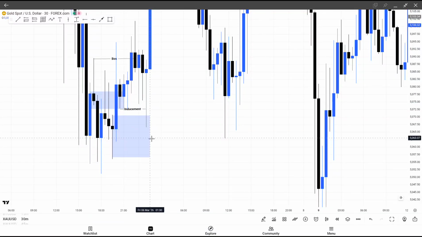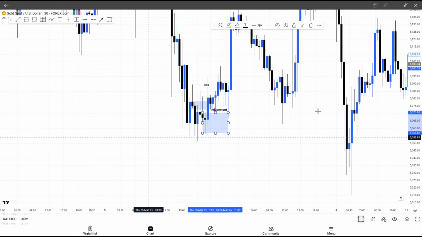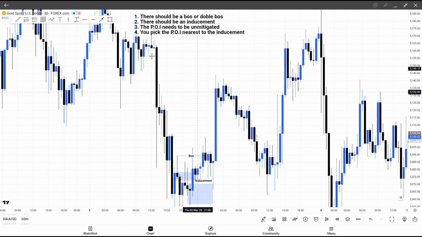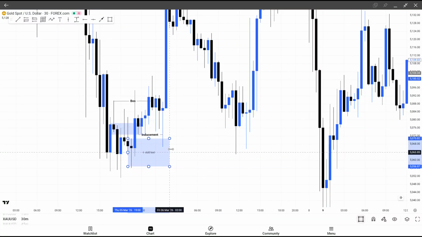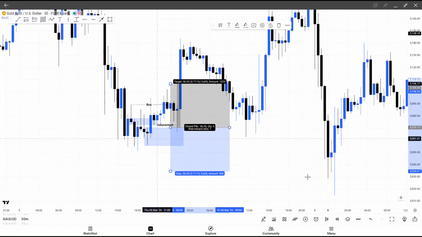So what point of interest are we taking? We are taking the point of interest closest to the inducement. The fourth rule says pick the point of interest nearest to the inducement. The closest to the inducement is this order block, the one that has not been mitigated before. So this order block is the one that we are taking our buys from.